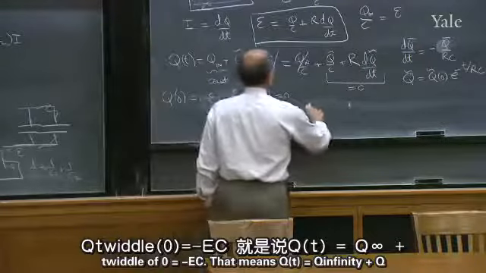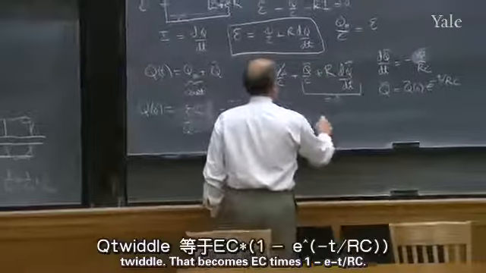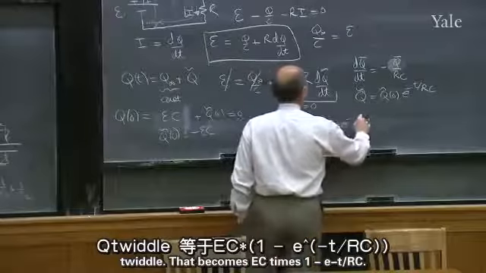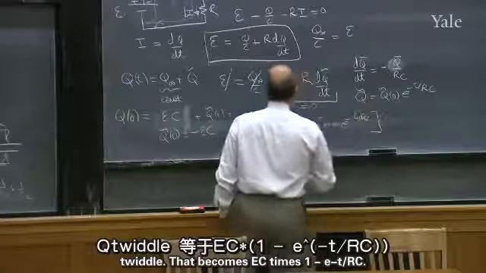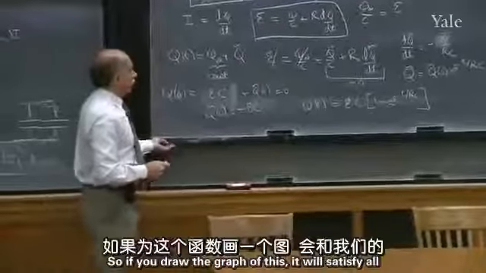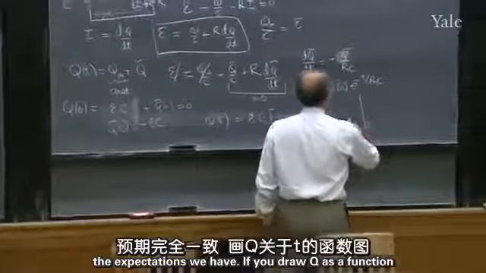That means Q of t is equal to Q infinity plus Q twiddle. That becomes EC times 1 minus e to the minus t over RC. If you draw the graph of this, it will satisfy all the expectations we have.